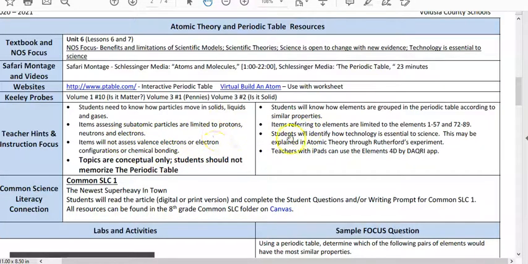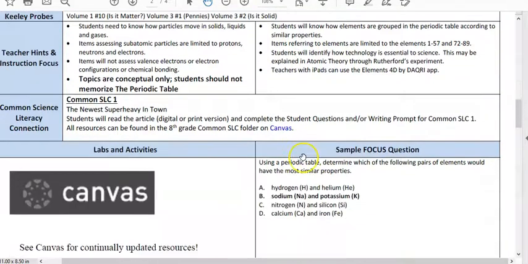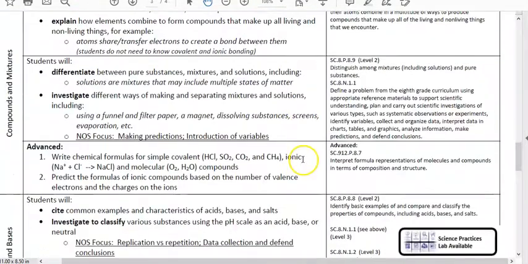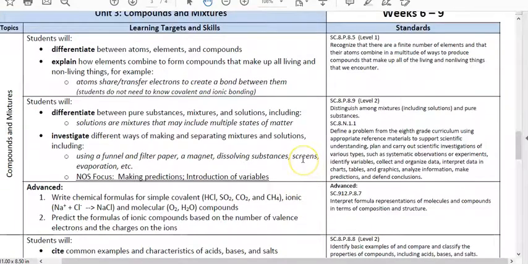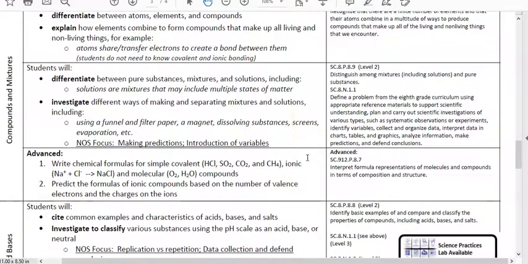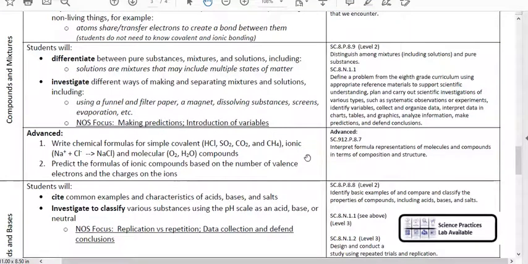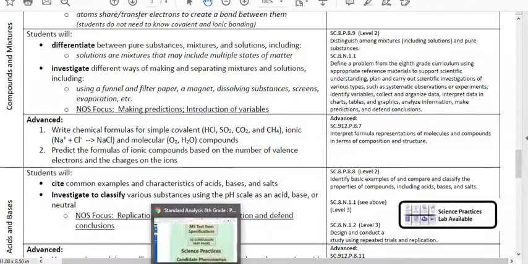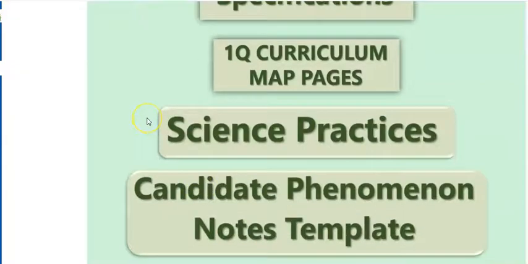Due to space and format, we couldn't get everything on the curriculum app. So it's important that we go through the specs document first, and then we go through the curriculum app to see how the standard is unpacked further. So anyway, this is an important step in this process.